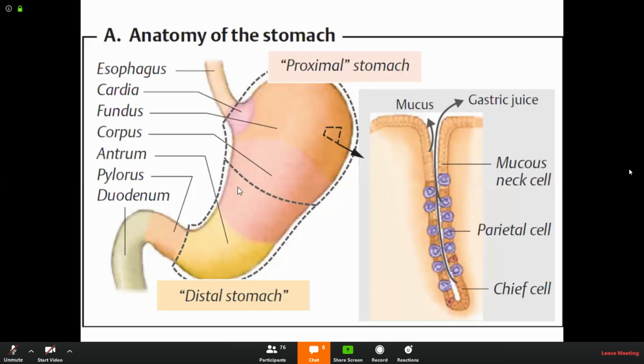Anatomically there are many, but physiologically three parts are important: the cardiac or fundic part, the antrum, and the pylorus, because these parts consist of glands and they secrete the gastric juice.